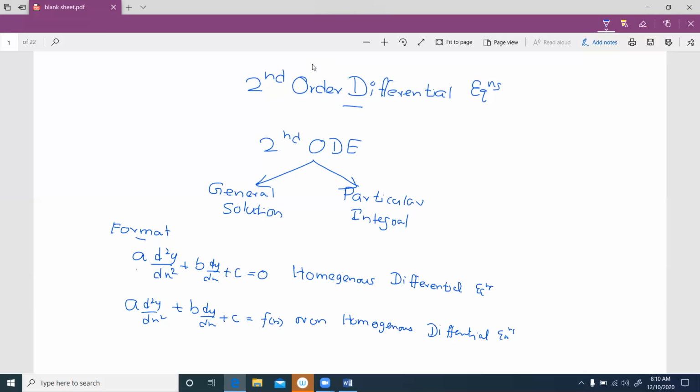Those are the facts you have to understand about homogeneous and non-homogeneous differential equations.